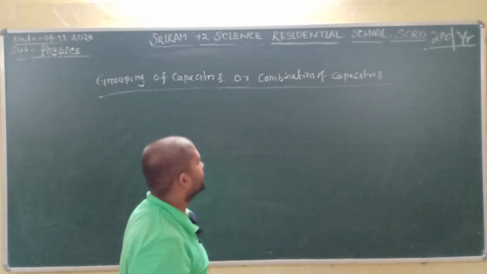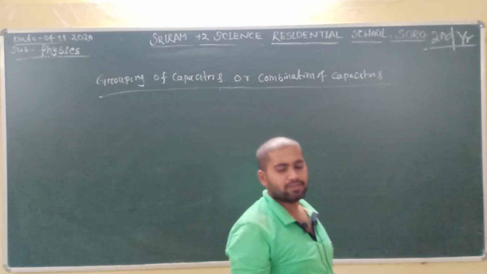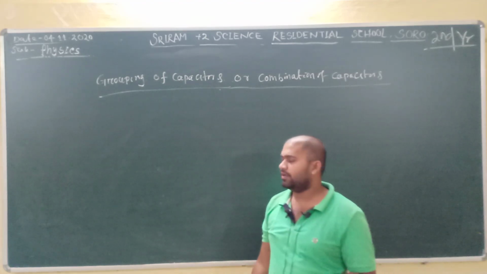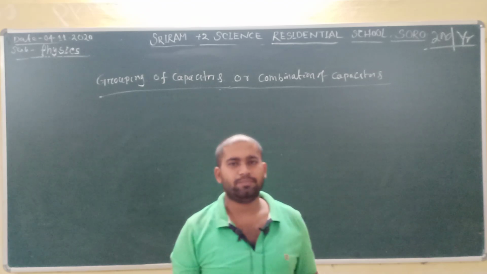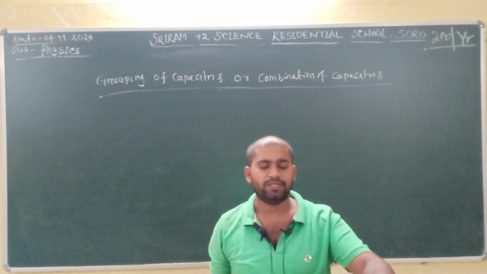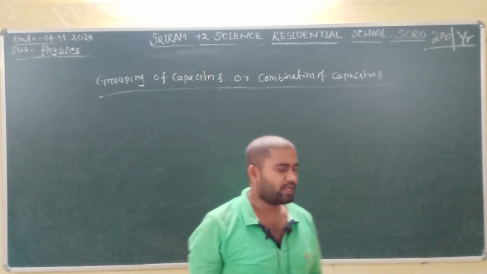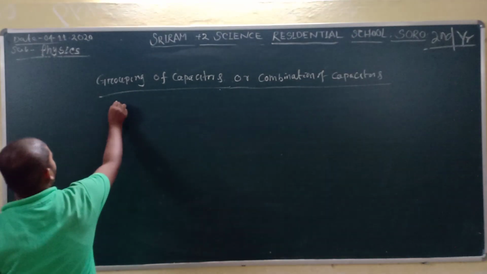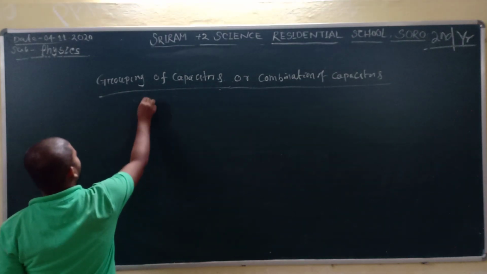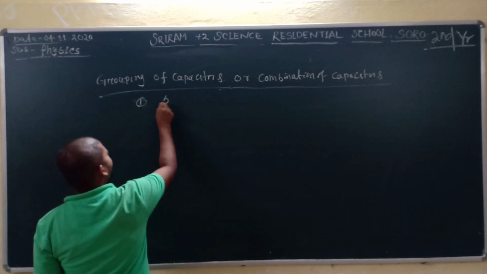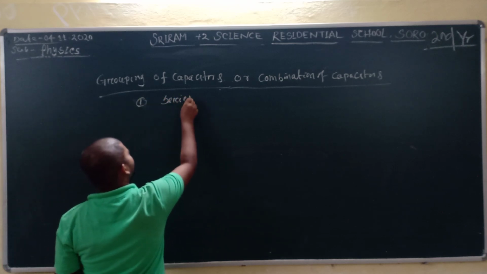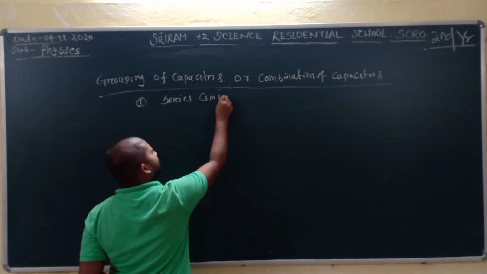When we consider grouping or combination of capacitors, mainly we take two types of combination. One is series combination and another one is parallel combination.